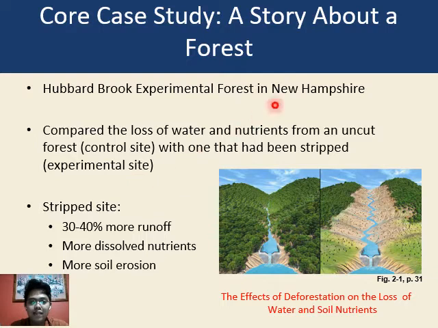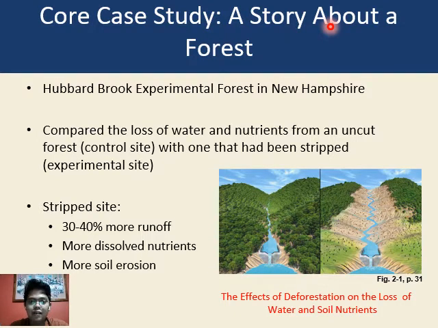So what did they find out? They found out that the forested area in one of the valleys, which is the controlled one, is very efficient at storing water and retaining chemical nutrients in its soil.